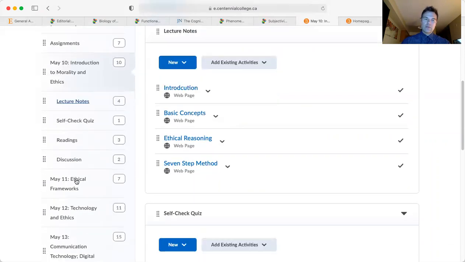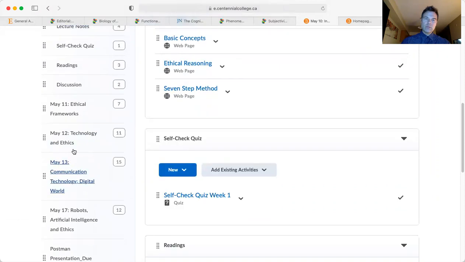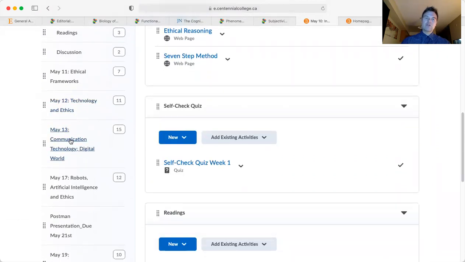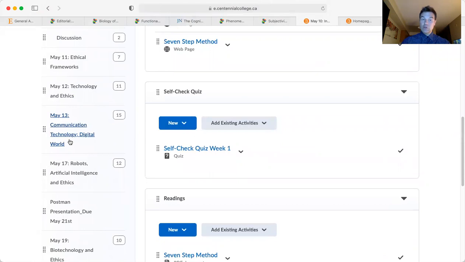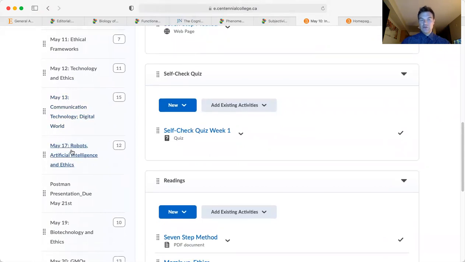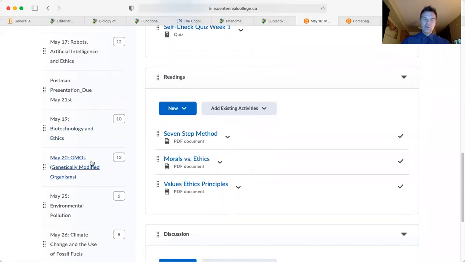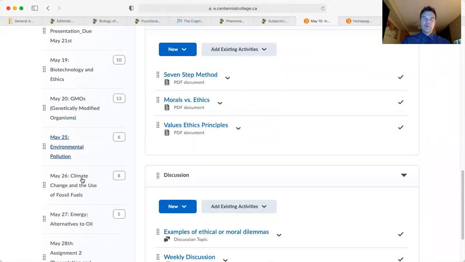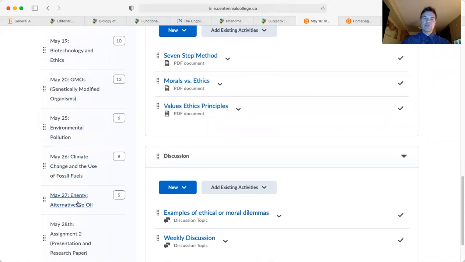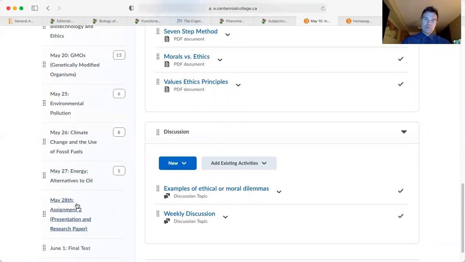So, for example, we will talk about specific technologies, communications, the digital world, robotics, artificial intelligence, biotechnology, genetically modified organisms, environmental pollution, climate change, energy, and alternatives to traditional energy sources.